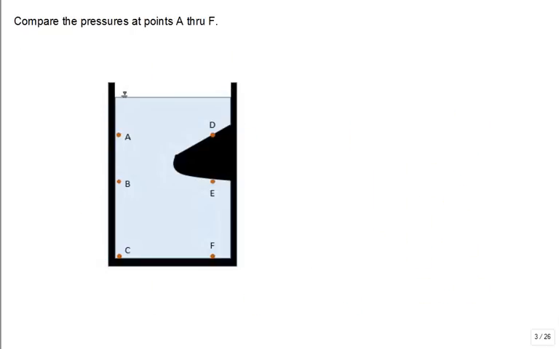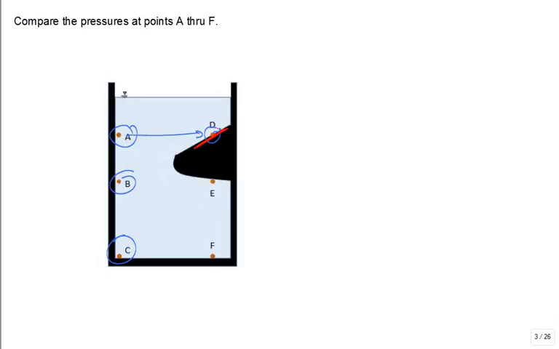If I compare points A, B, and C, which one has the highest pressure? They're the same. If I compare D with A, do they have the same pressure? D is on a solid surface right there. Does D have a lower pressure?